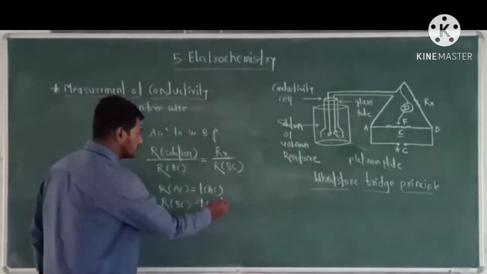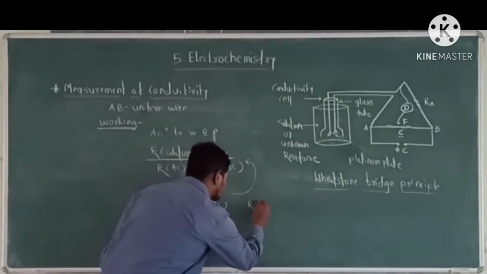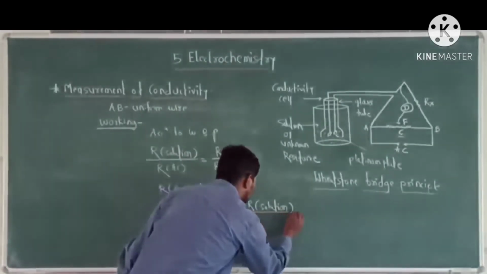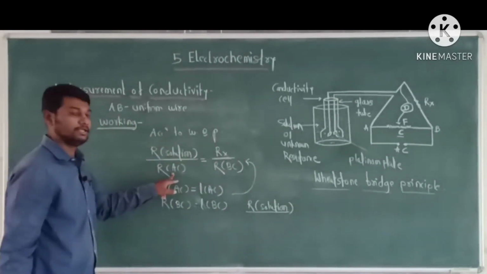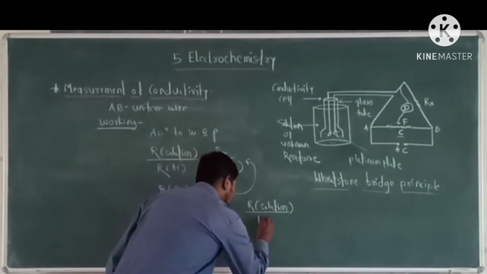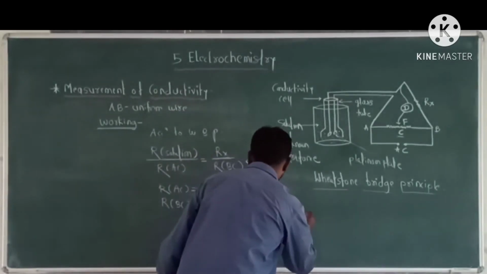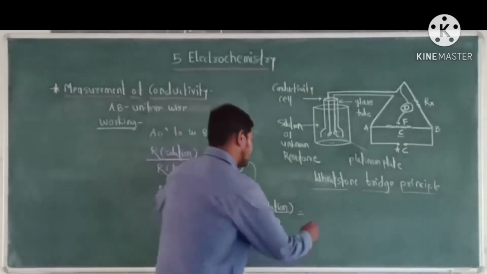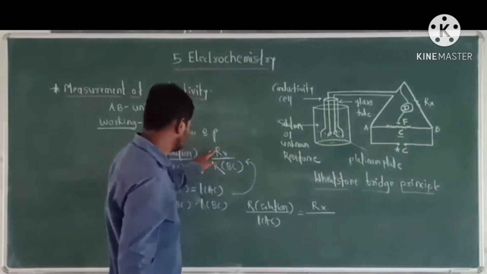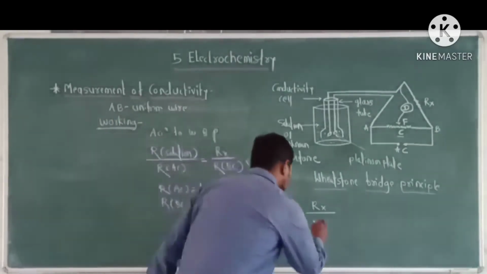Put these values in this equation, and we get a new equation: R solution divided by length AC is equal to Rx, the known resistance, divided by length BC.